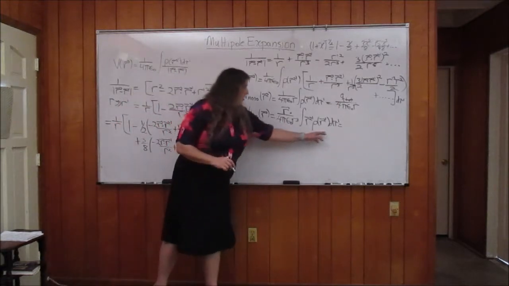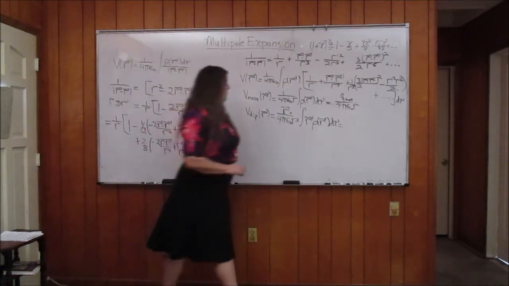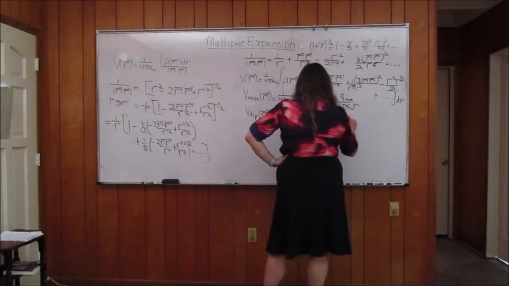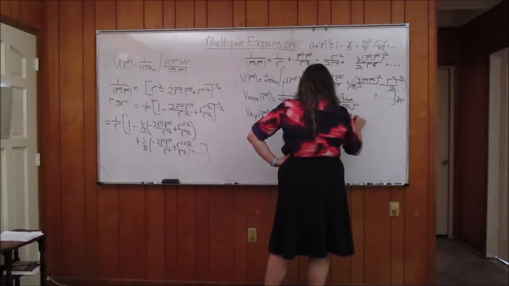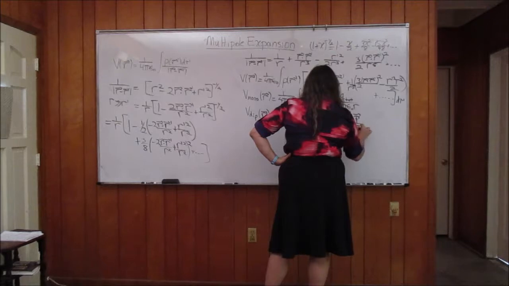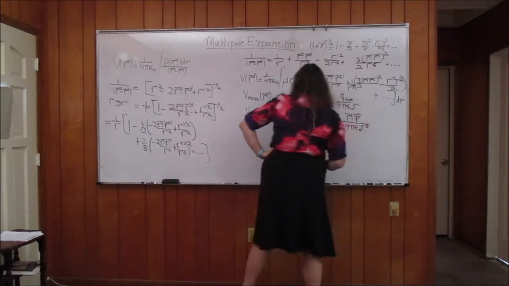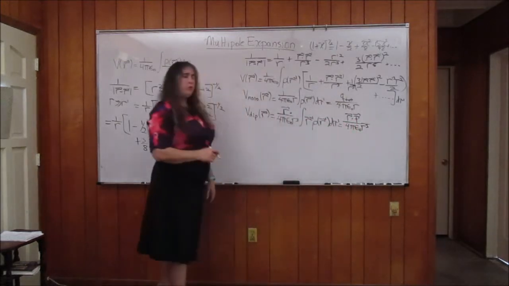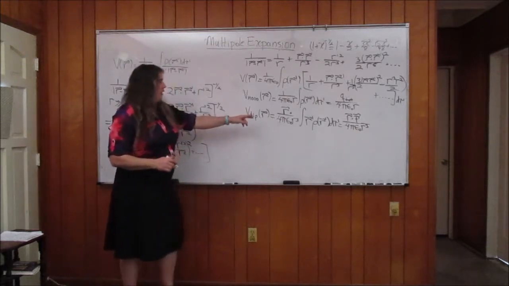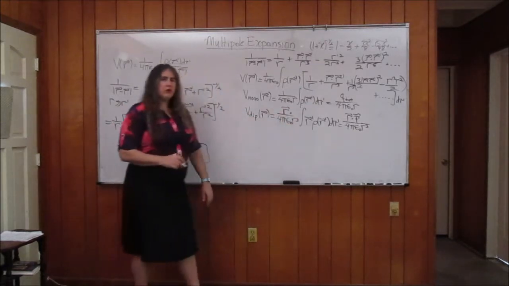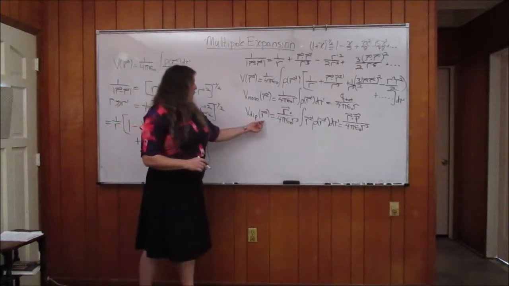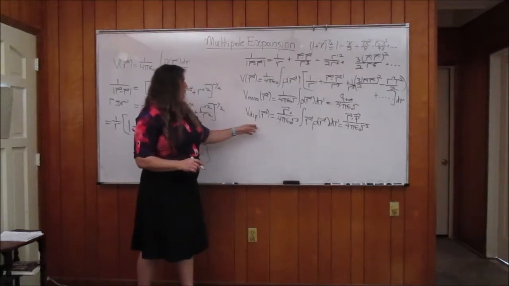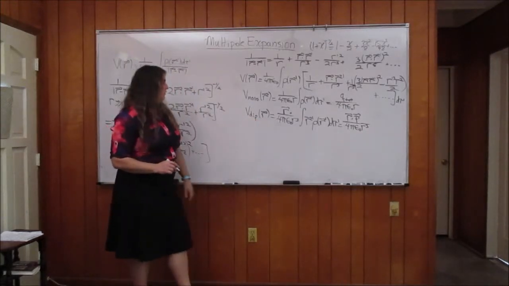And this quantity here is just the dipole moment. So if you think back to the previous derivation that we went through, notice the similarity in forms. But here we are expanding about the origin of the coordinate system.